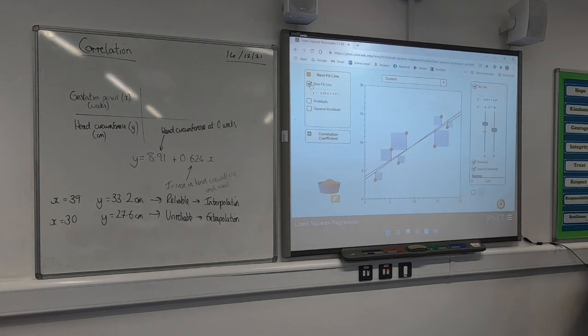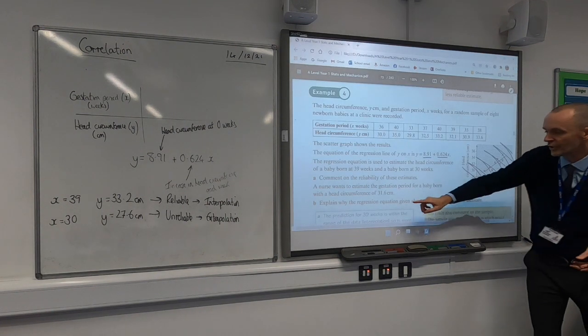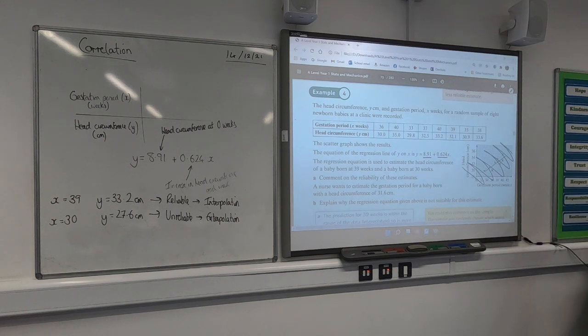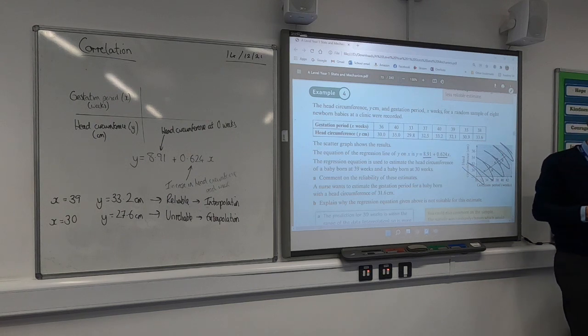Not super different, but different all the same. So the reason that in this question we shouldn't use the regression line to predict x values for a y value is that the regression line has been calculated to minimise y errors, so it should only be used to predict y.